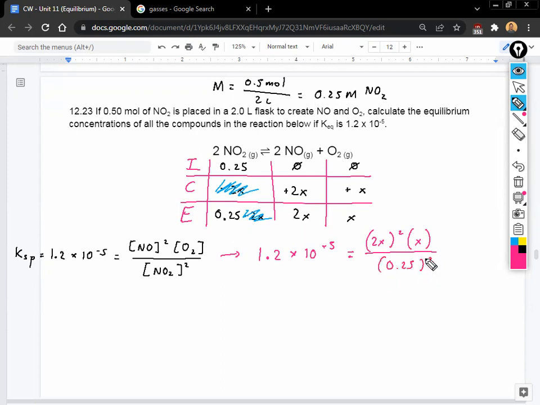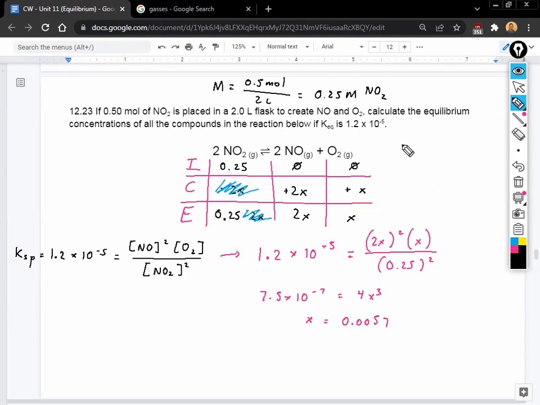I'm going to skip a couple steps here, but if you simplify this out, you should get 7.5 times 10 to the negative 7 equals 4x cubed. Basically, what I did was I multiplied both sides by the denominator, and I simplified the top. And if we simplify that even more, we should get x is equal to 0.0057.